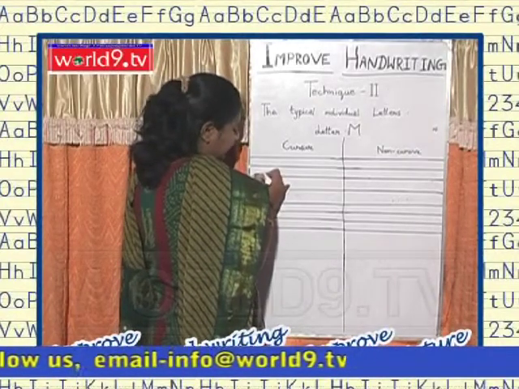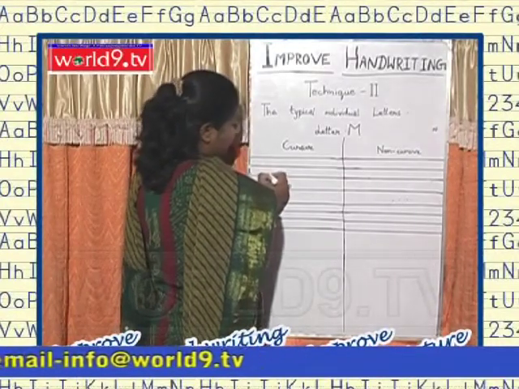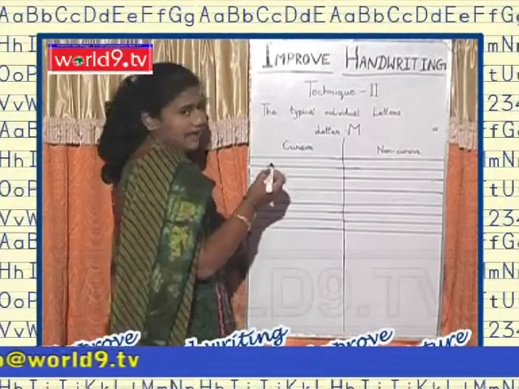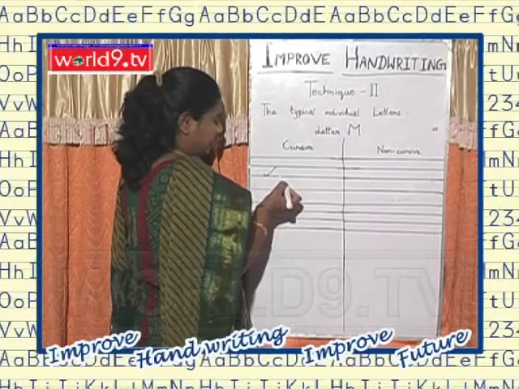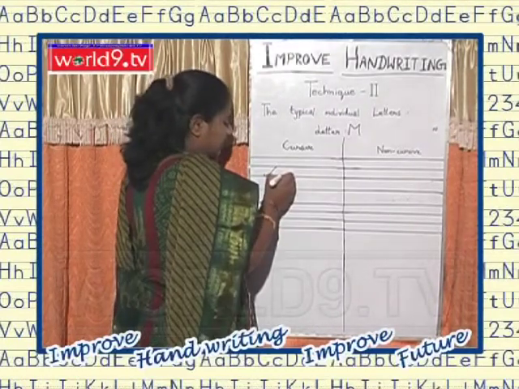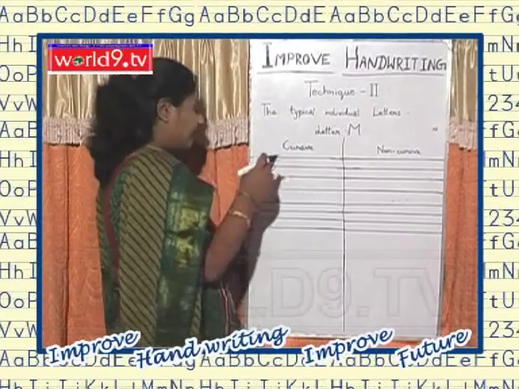From the start, as usual, naturally give a small tail on the baseline, and from there give a cross slant line till the middle part upper line.